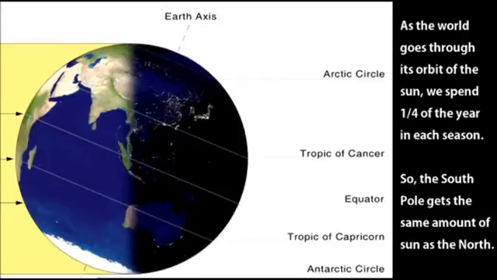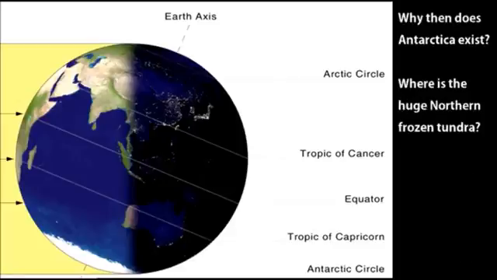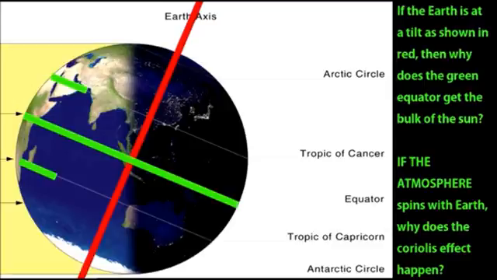Then does somebody want to explain why we have a gigantic continent called Antarctica, where only one animal really lives? But on the north end, there is not a gigantic ice continent. Someone needs to explain to me how they could be different when, based on the globe, they should be the exact same.